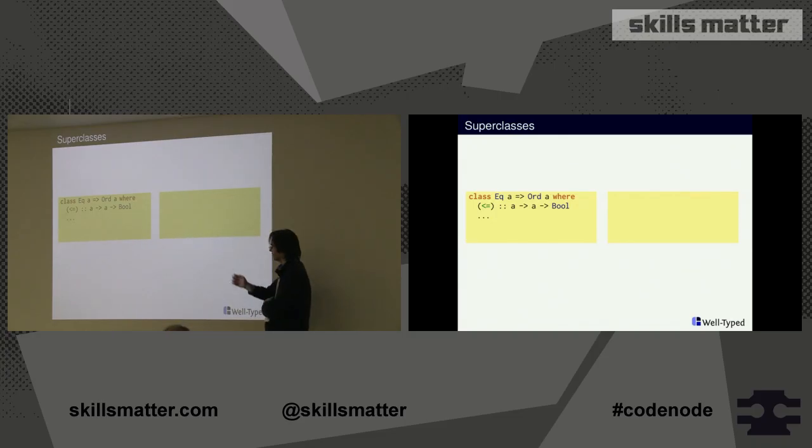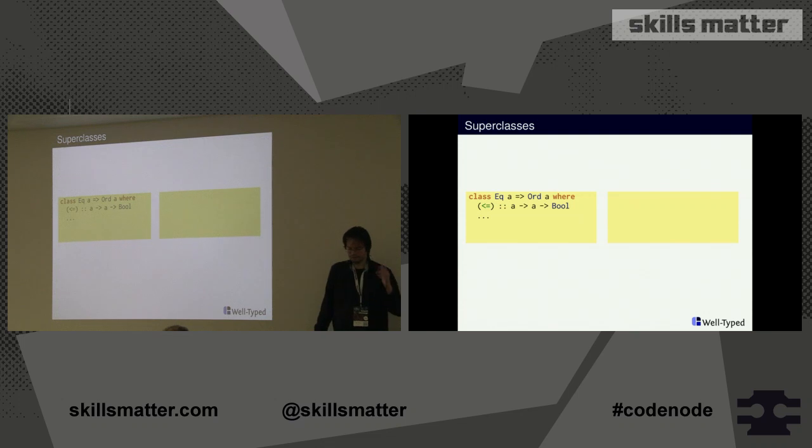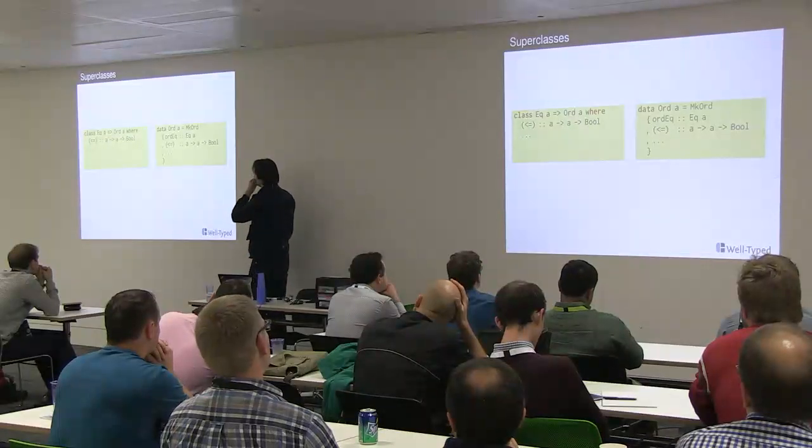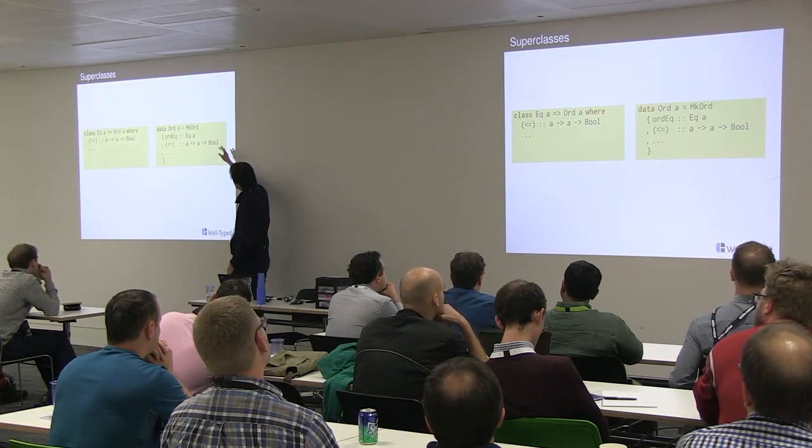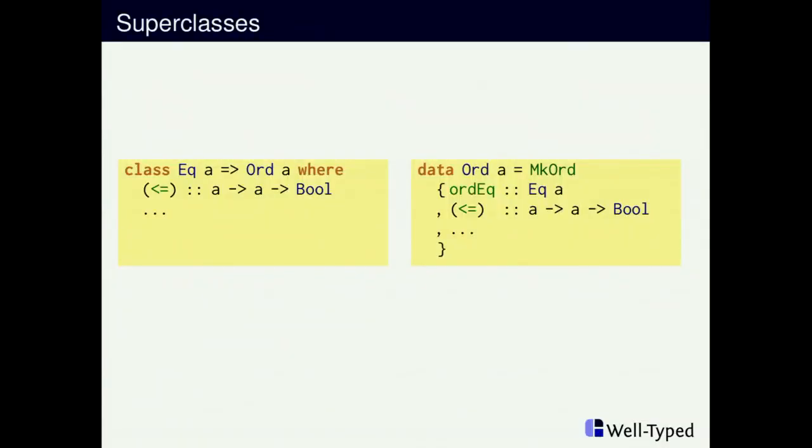And then you can define additional methods there, like less than or equal, but actually the ORD class contains a whole number of methods that are also all defined in terms of each other, with compare being the most general. So what happens to superclasses is that they turn into additional record fields in the dictionary.